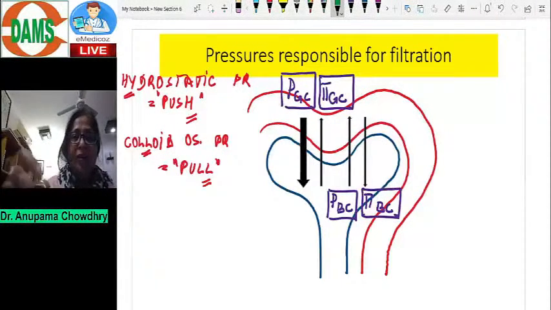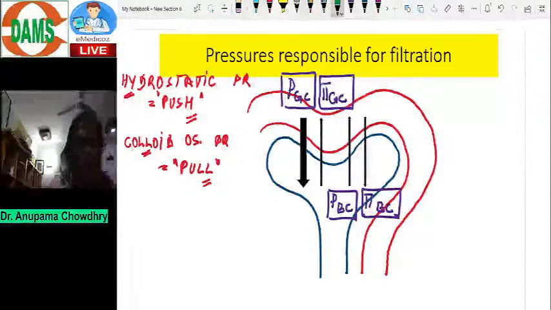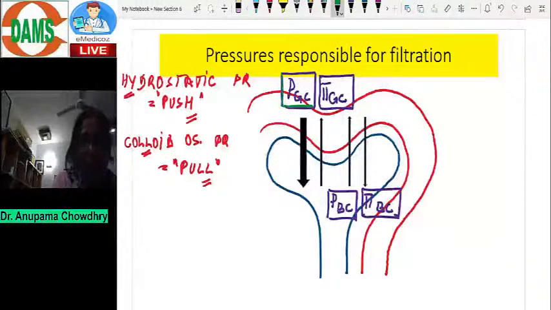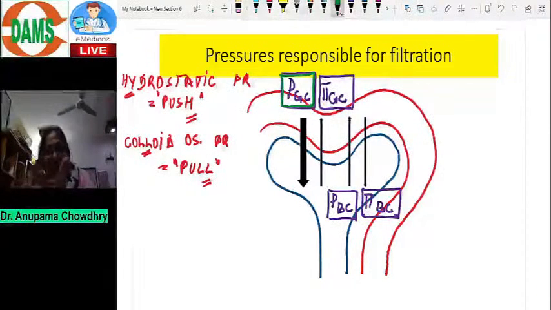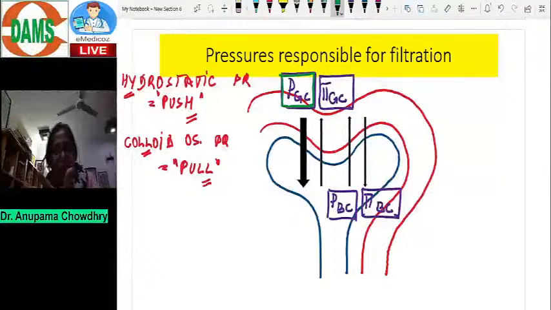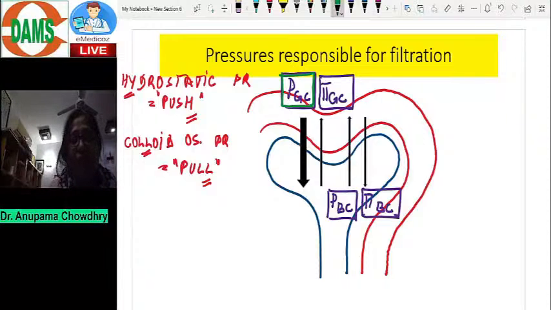Now, which are the forces which are favoring filtration? PGC is favoring filtration of fluid into the Bowman space. Remember, I told you, the capillaries are acting like a sieve, and the fluid will pass from the sieve into the Bowman space. So forces which are favoring filtration are PGC, and the other one which is in the same direction as PGC is pi BC.